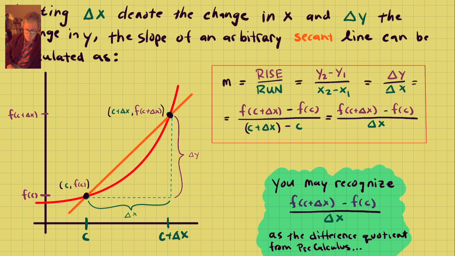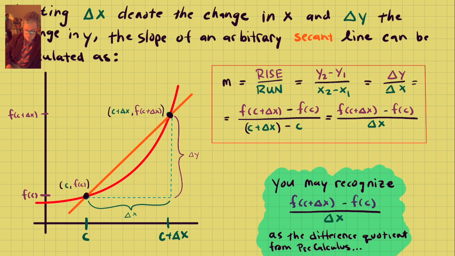So the change in y is this piece, so that's the delta y. I've noted that here on the actual picture. So the delta y is going to be f of c plus delta x, that's the point on top, minus f of c, the lower point. So that's the change in y.